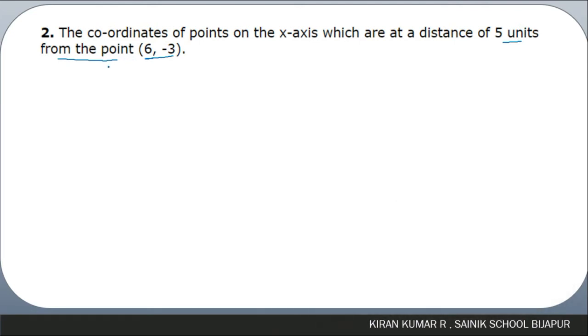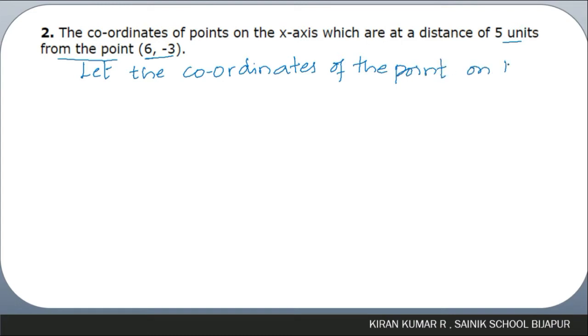Earlier in the notes we have seen that a point on the x-axis is given by x, 0. So let me consider that. Let the coordinates of the point on the x-axis be x, 0.